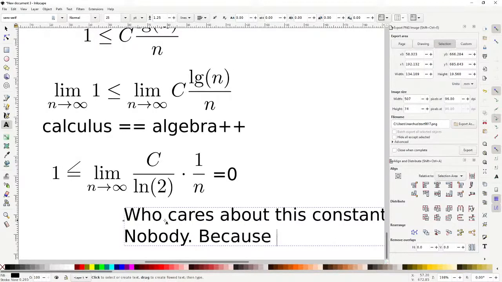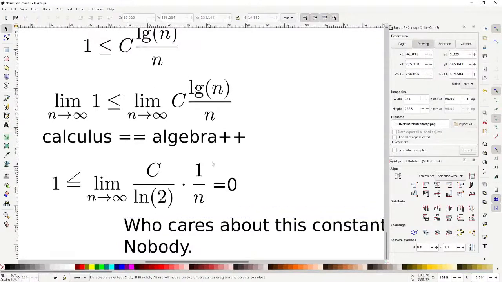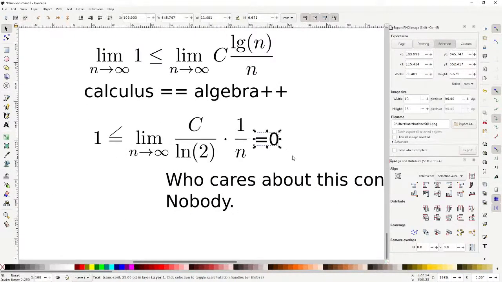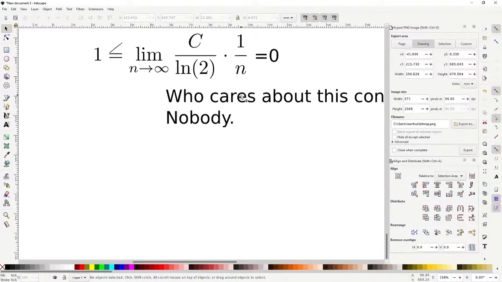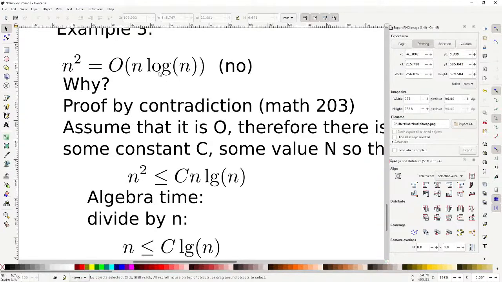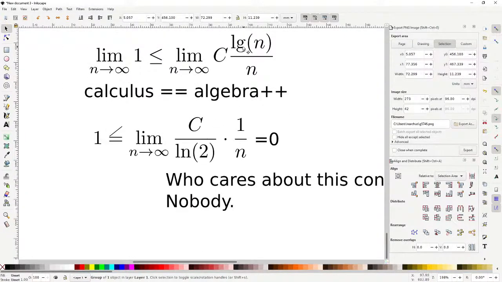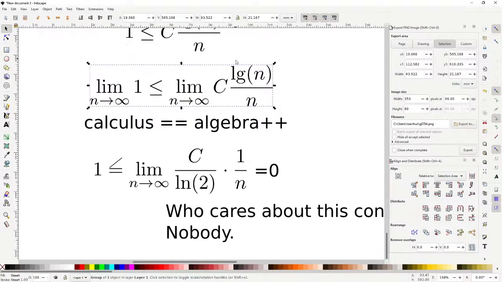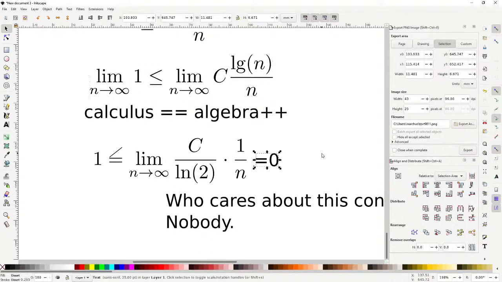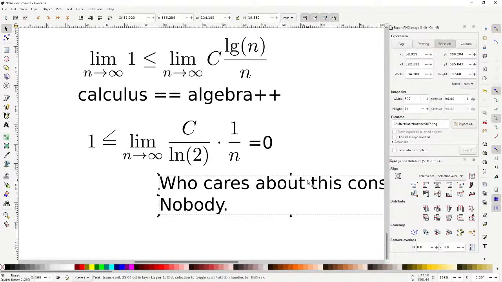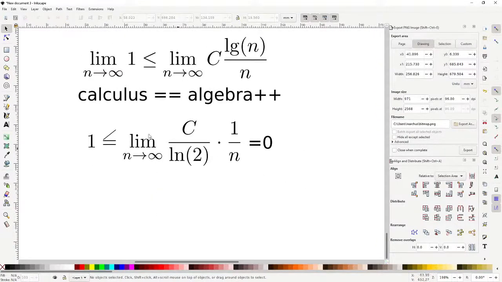Because this constant's going to get insta-killed by this 1 over n, which turns it into 0. You can change it to log base 10, which is unfortunately what I wrote up here. I should have just stuck with log base 2. I've used LG most of the places, so let's just stick with LG. The constant dies instantly, so it doesn't really matter.